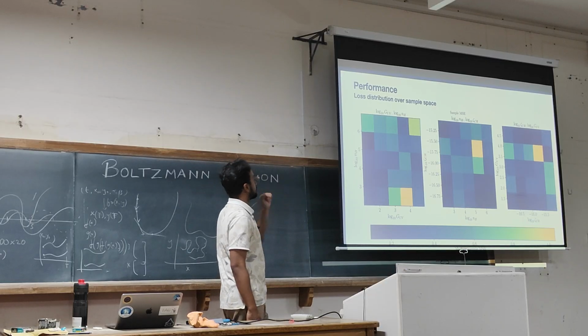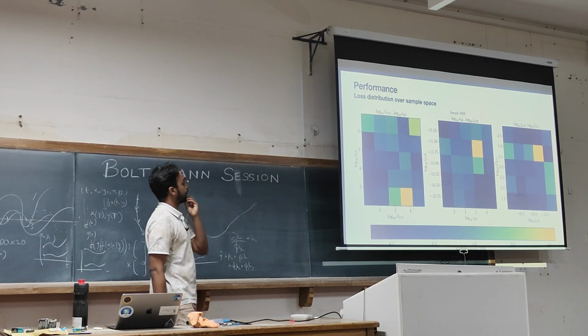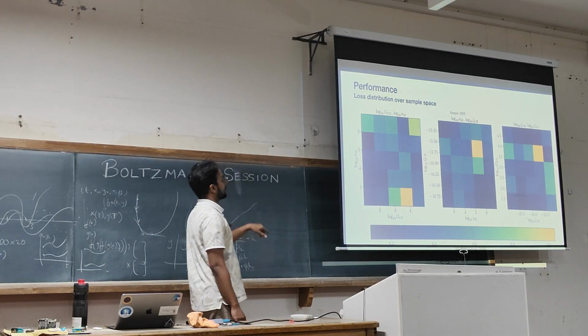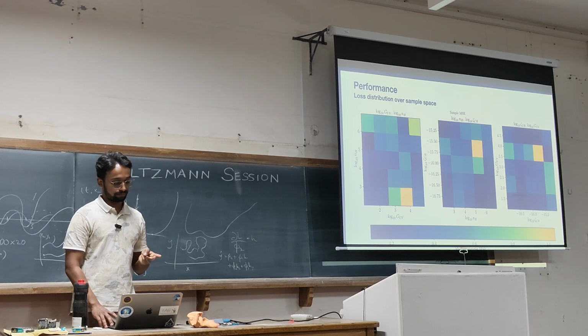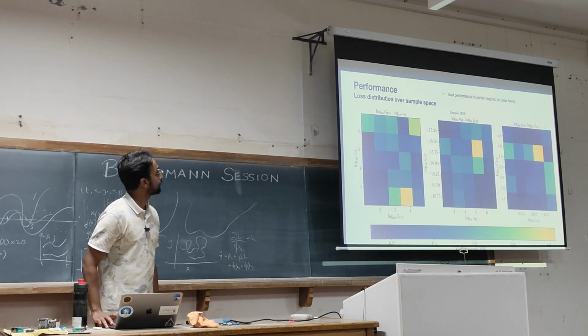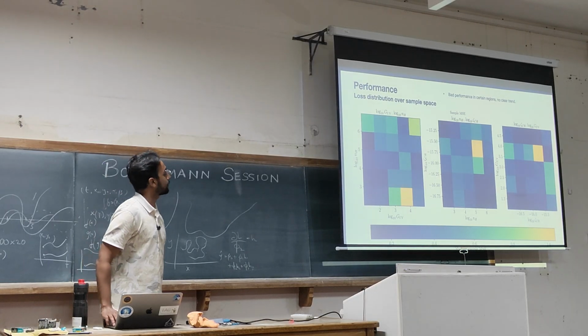In most places, you see that the loss is fairly small for different combinations of parameters. There are some pockets where there is a loss spike, especially those yellow and green boxes. There is again no clear trend on why that happens.